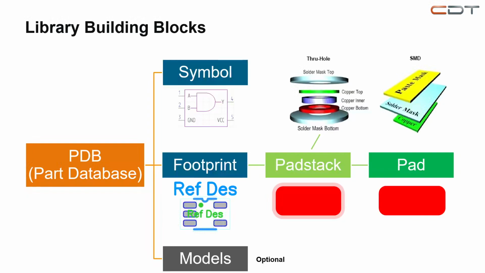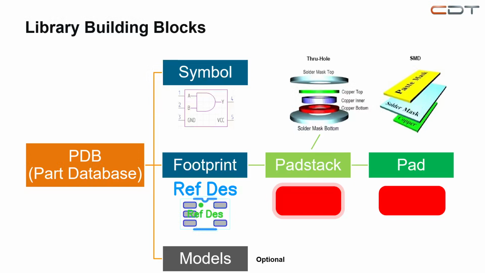Let's look at which blocks our libraries consist of. On the very bottom, we have a pad, a single geometrical shape that in combination gives us a pad stack. A pad stack is a single pad of our future footprint that contains all information about copper, its shape and sizes, about the solder mask opening, and about solder paste parameters.